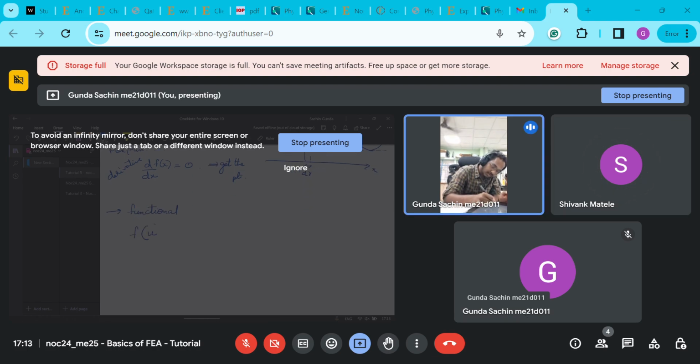But let's say this is your functional. For the functional, its input is u. So this is x, this is u of x, and this u of x will go as input to f.